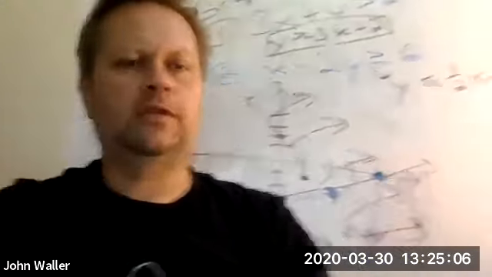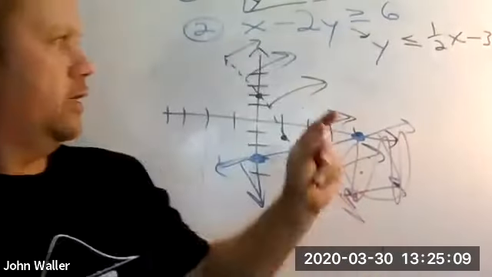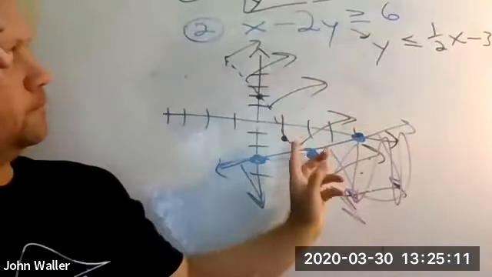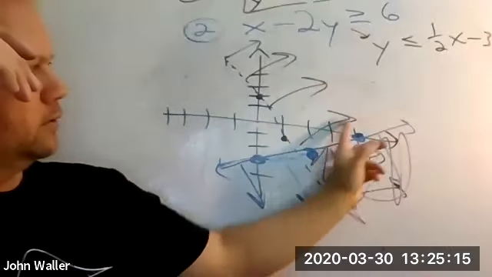When do I need to shade it, and where do I shade it? In the example up here, when we shaded this one, you're not sure why we shaded this way? Yeah, I'm just trying to figure out why we shaded that way. So, shadings.